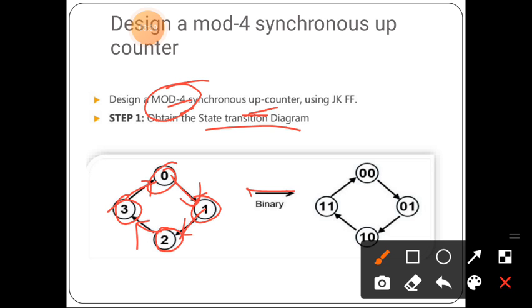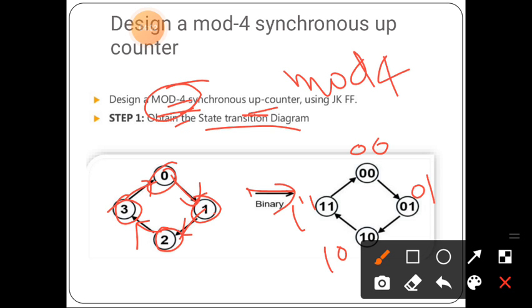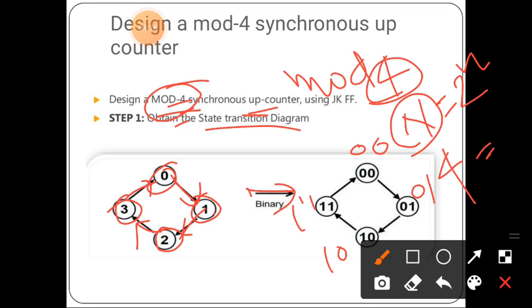So the corresponding binary representation is here. 0 is represented as 00, 1 is represented as 01, then 10, and 3 is represented as 11. So how many bits are required to represent a mod 4? Mod 4 means it has 4 states. There is an equation: N is equal to 2 raised to n, where N is the number of states, here 4, and small n is the number of flip flops required.